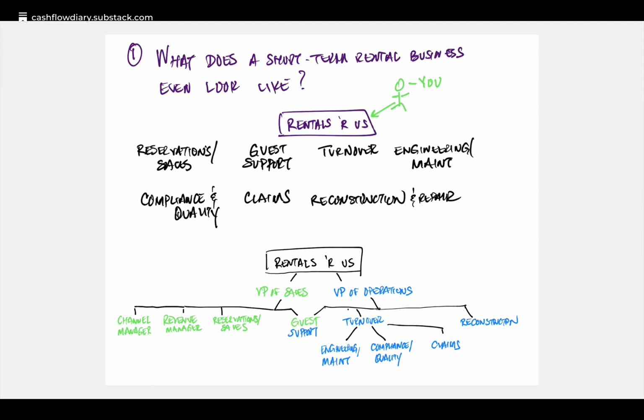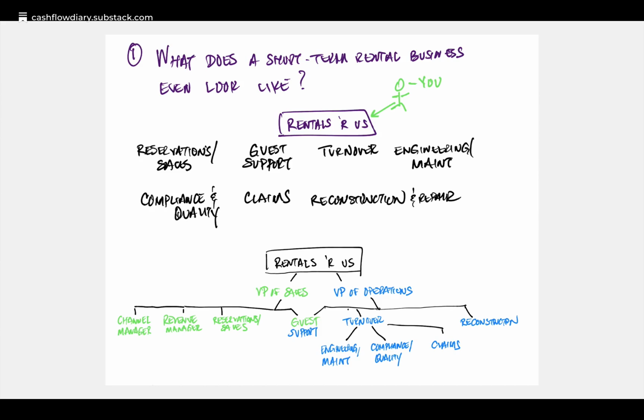And then we go back up, and then we have the reconstruction. When I say reconstruction, it can sometimes mean that you have a situation, maybe for whatever reason, the table breaks because you installed it incorrectly and you didn't realize it, and that someone came in and used it, and now the table needs to be completely replaced, or your internet router needs to be completely replaced, or something needs to be completely redone in some way, shape, or form.